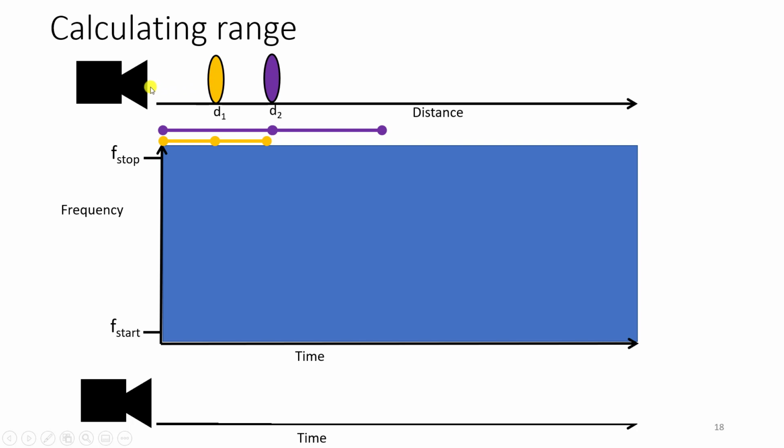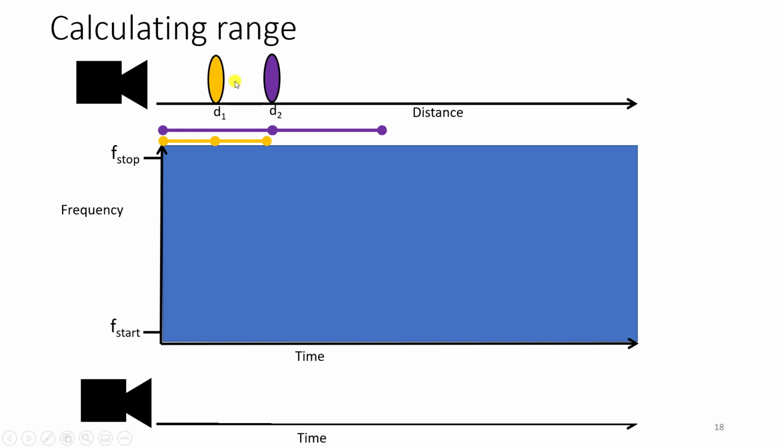We're going to send our waveform, and because of the acoustical impedance difference between this object and the media, when the waveform interacts with this object, we're going to get a reflection. For simplicity, I'm not showing the reflection off of the back of this object, so forget about that.